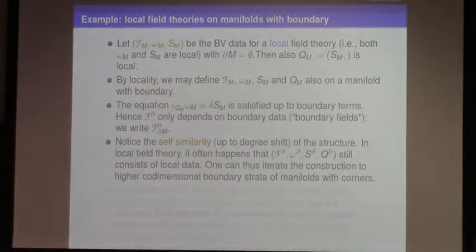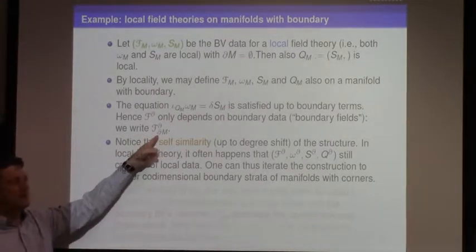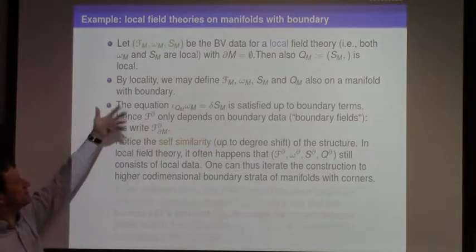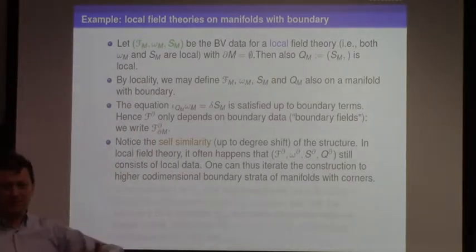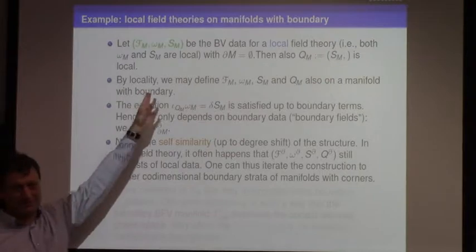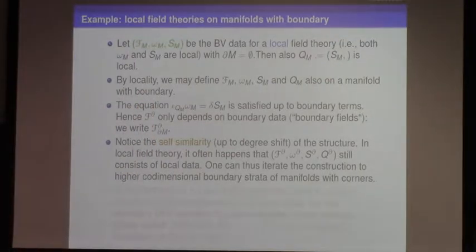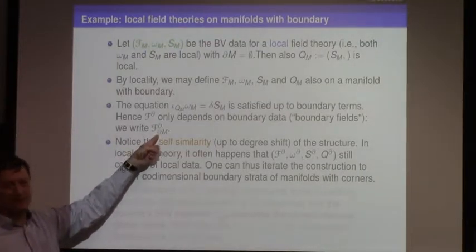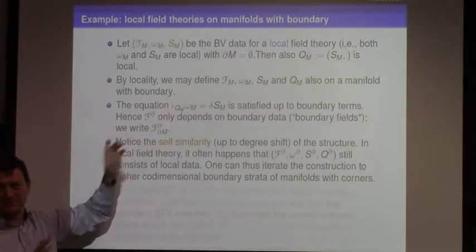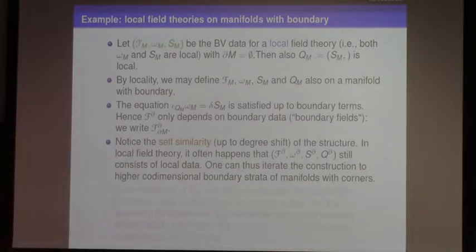So for this reason, I will use the notation F boundary of boundary M. The idea is that if you take two different manifolds with the same boundary, and you put the same theory on both, this boundary structure, F boundary of boundary M, is exactly the same. It doesn't see the bulk. So it only sees the fields at the boundary and their transversal jets. Not even the first order normal directions?